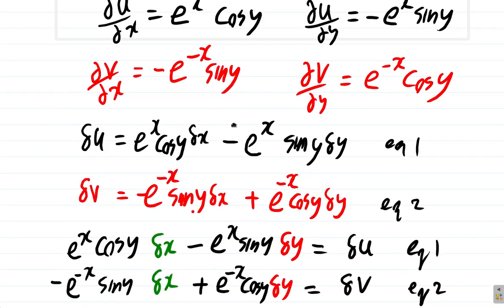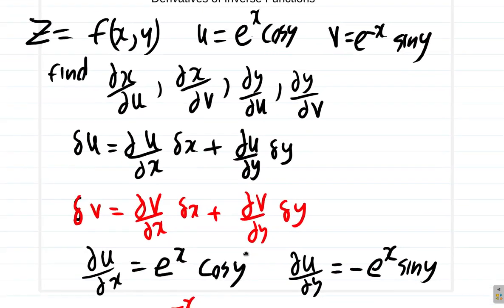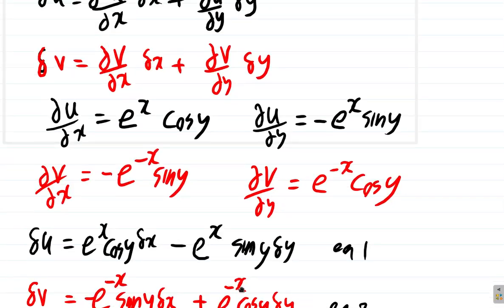Earlier, what was it that you found again? Delta u by delta y. It was negative e to the x sine y.